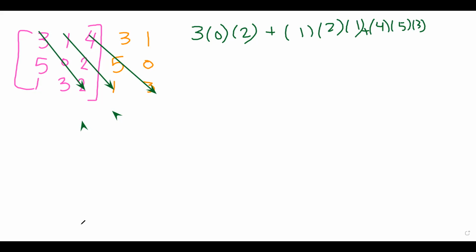That is 0 plus 2 plus 4 times 5, 20, times 3, 60. So this is the first part.